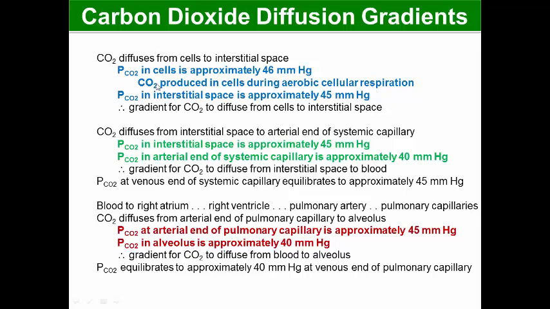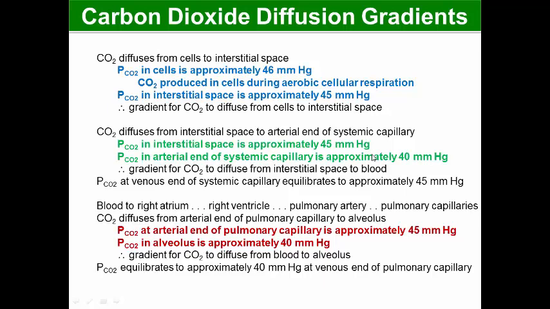The partial pressure of carbon dioxide in the interstitial space is approximately 45 millimeters of mercury. So still, there is a pressure gradient for carbon dioxide. And it is because of this pressure gradient that carbon dioxide now diffuses from the cells to the interstitial space. Then carbon dioxide diffuses from the interstitial space to the arterial end of the systemic capillaries, because again there is a pressure gradient for carbon dioxide.